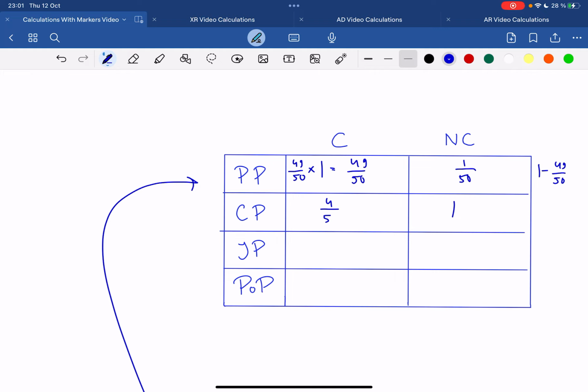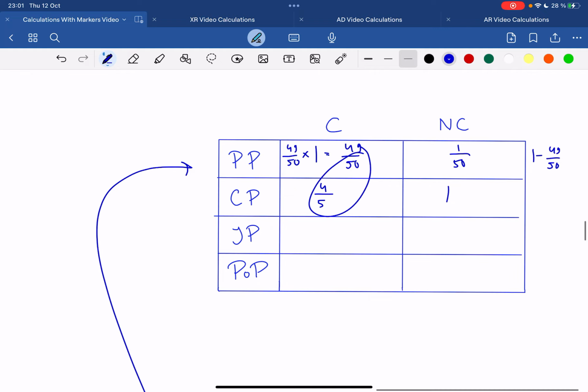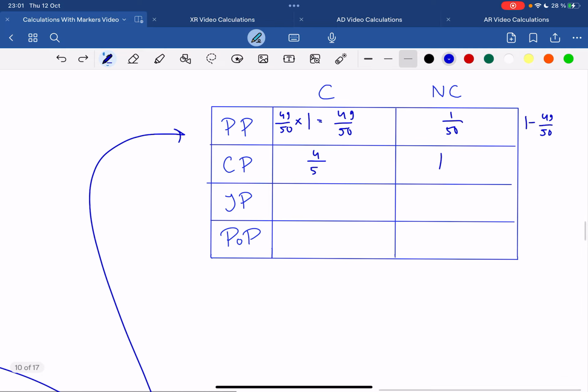Now for the joint probability, we just take this times this. That would be 196 over 250. And for non-carrier, it's 1/50, which can also be written as 5 over 250. Posterior probability is just this at the top.